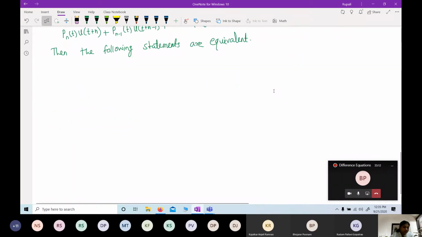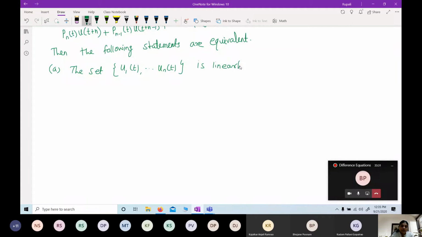So there are three statements. A: the set u1(t), u2(t), ..., un(t) is linearly dependent for t equal to a plus 1 and so on.